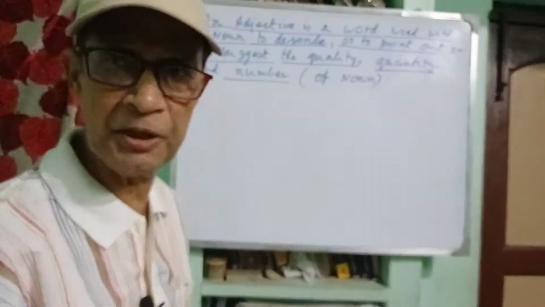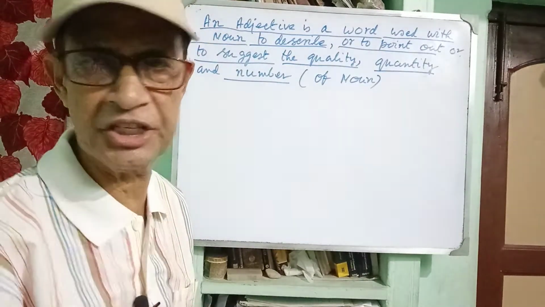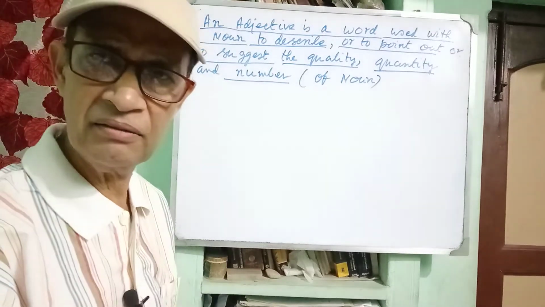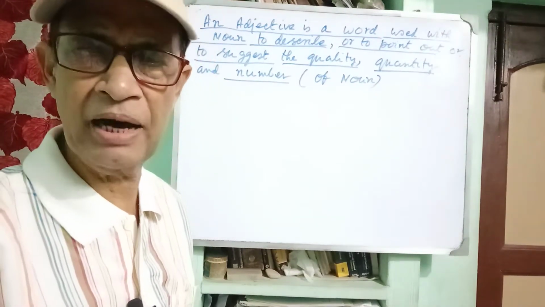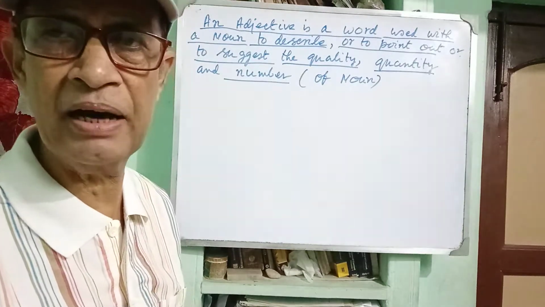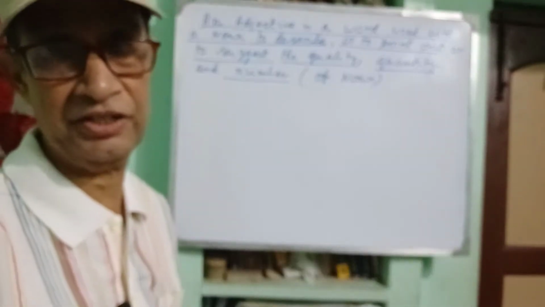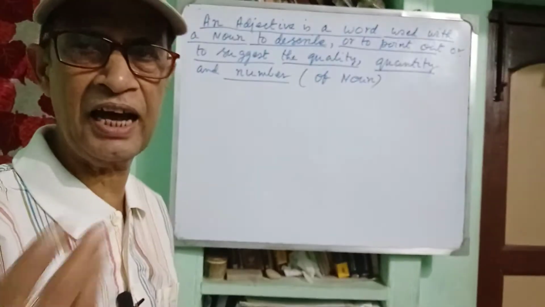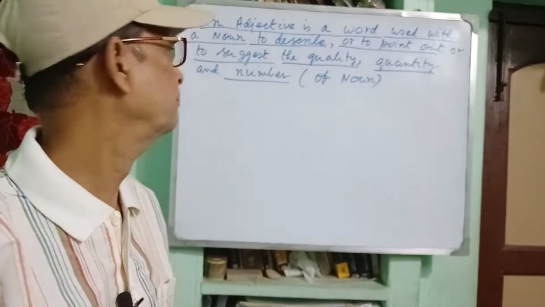It may be descriptive, it may be qualitative, it may be quantitative, and it may be suggestive. Clear? Okay, it is the basic grammar, it is the fundamental grammar, but it should be learned by heart so that you may be enthused or encouraged to write correct English.